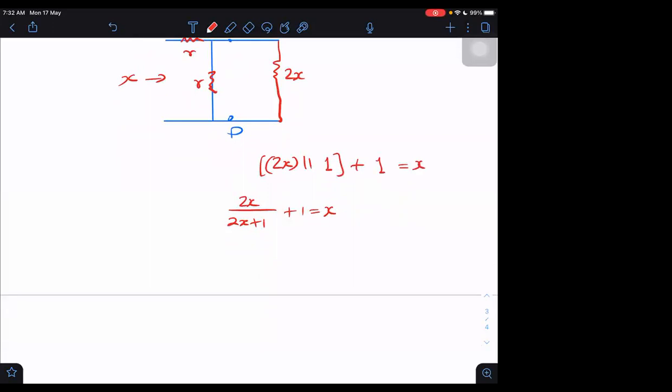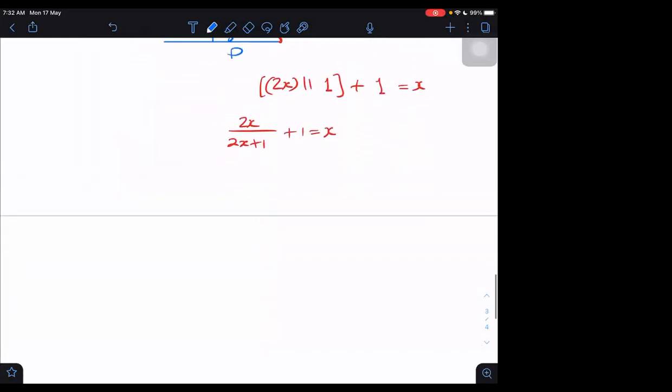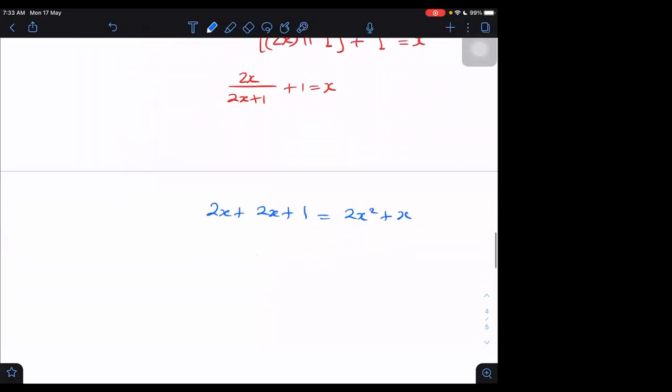Does it have real roots or not? 2x plus 2x plus 1 is equal to 2x square plus x.